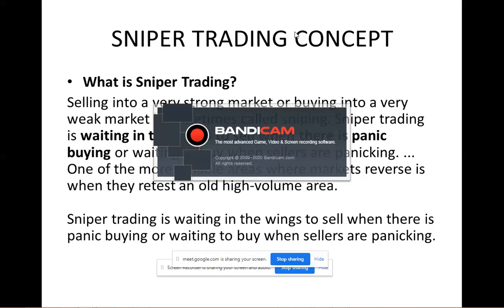Okay, I'm trying to bring out my drawing tool so that I'll explain what I mean by retest and hold high volume area.